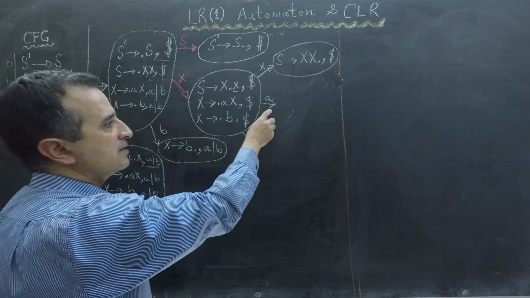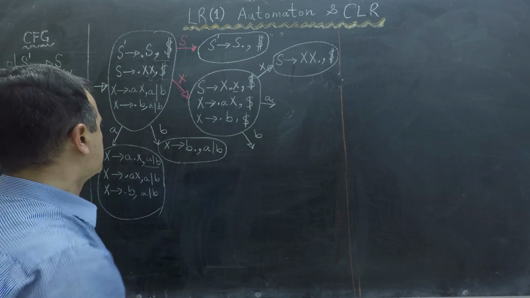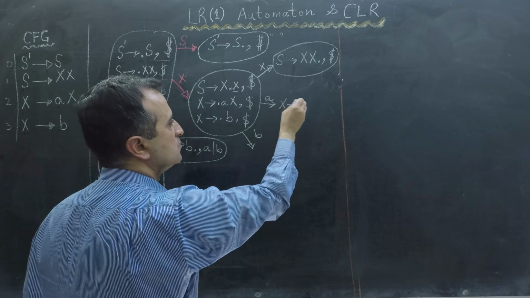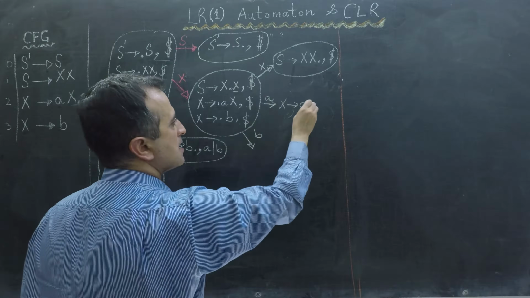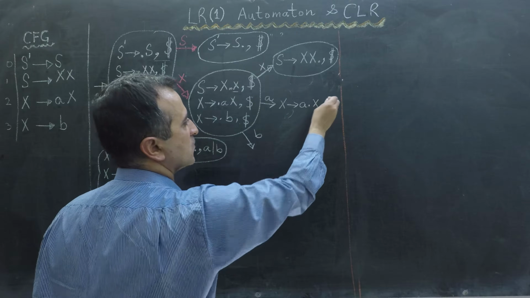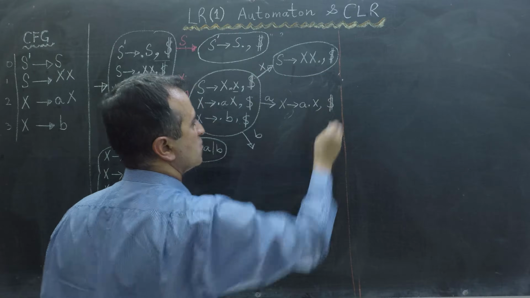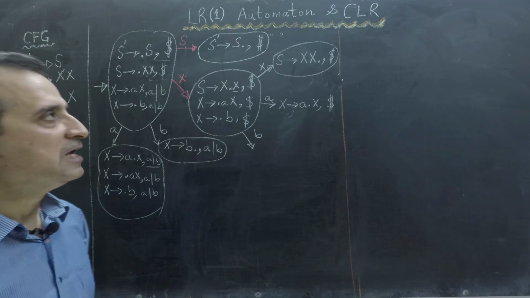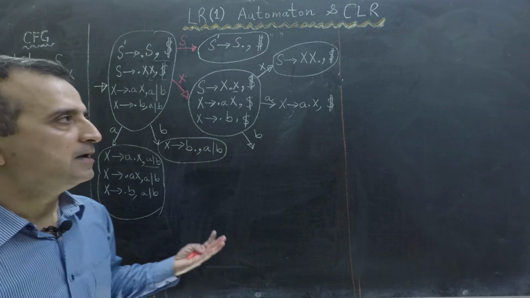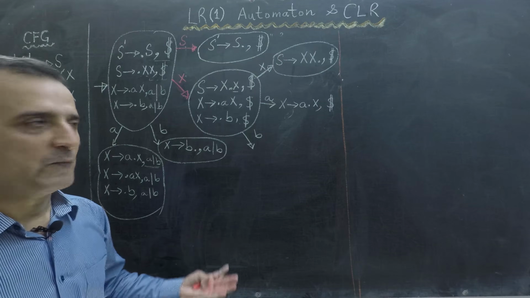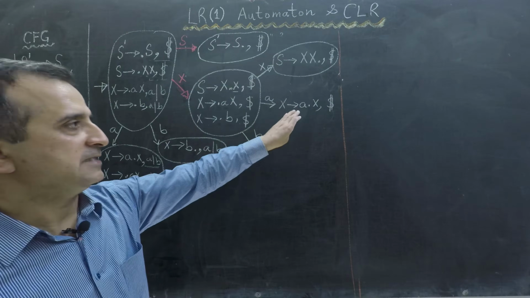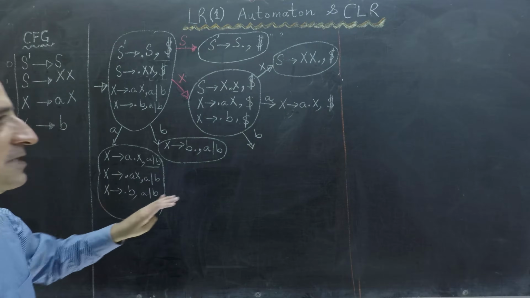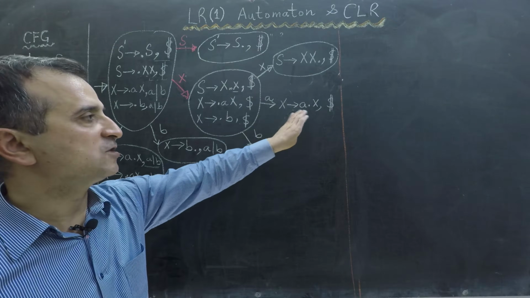Now I have to add another state based upon this A. So I will have X goes to A dot X followed by $sign as my look ahead. Now please note that if I would have been creating an LR1 automaton, then this state and this state would have been the same because they have the same source productions.